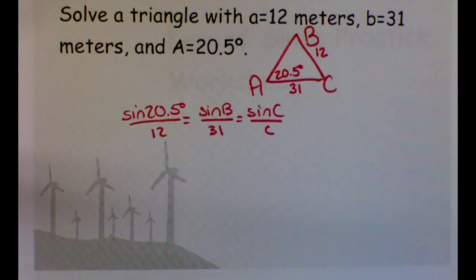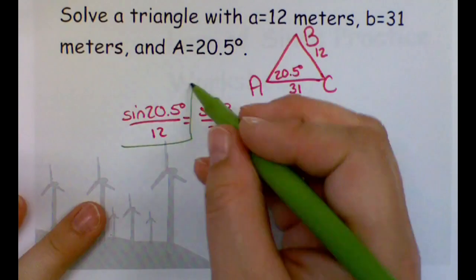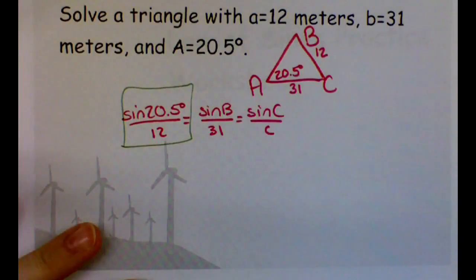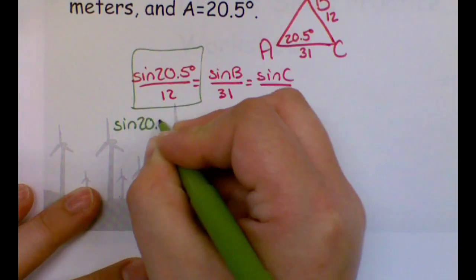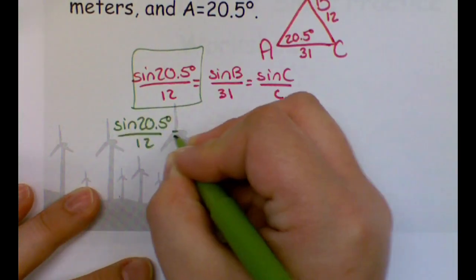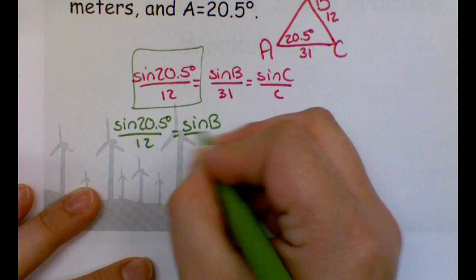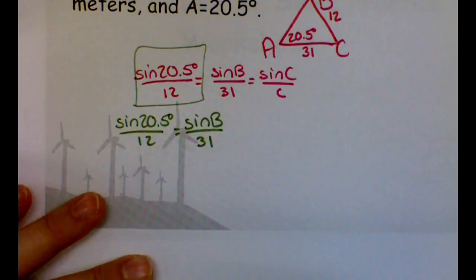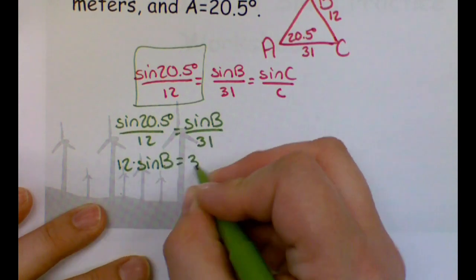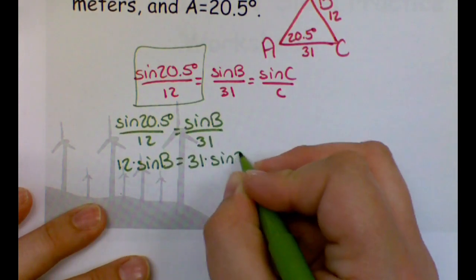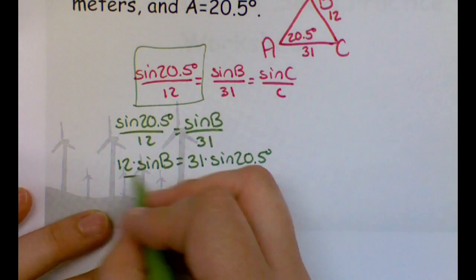Again, we have our anchor. Our anchor is the A's. And I have to start by finding angle B. So I'll take the sine of 20.5 degrees over 12 equals the sine of angle B over 31. Cross multiply: 12 times the sine of angle B equals 31 times the sine of 20.5 degrees. Divide by 12.